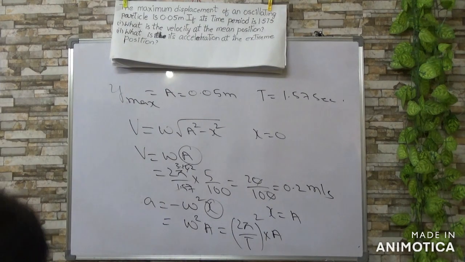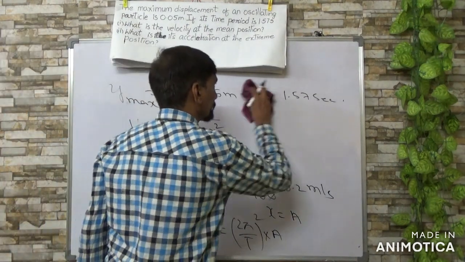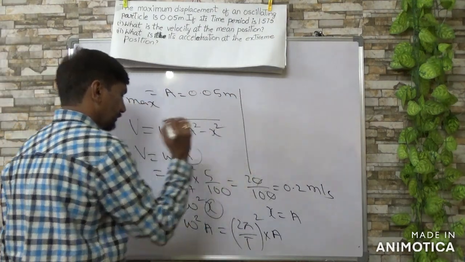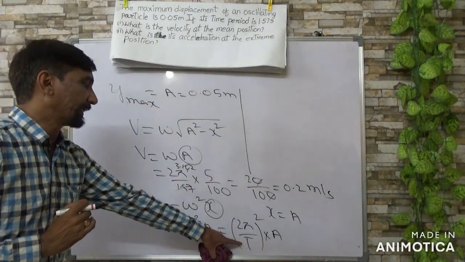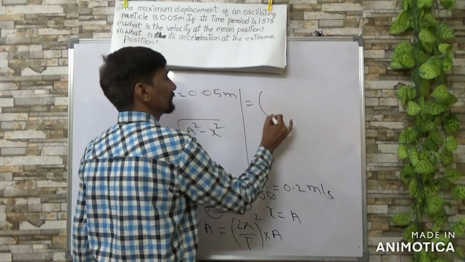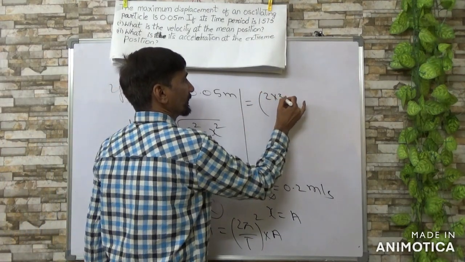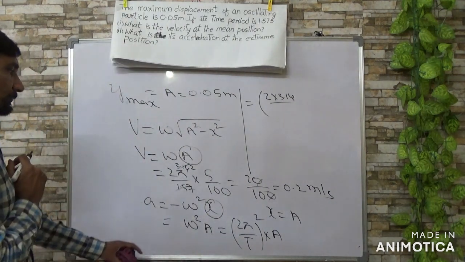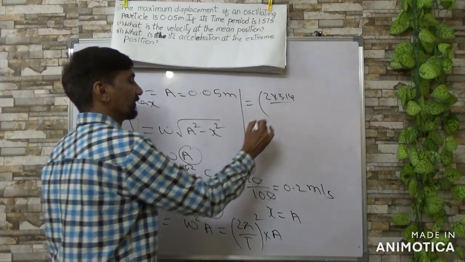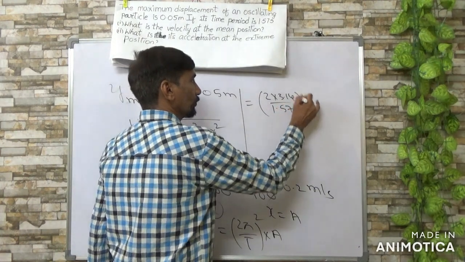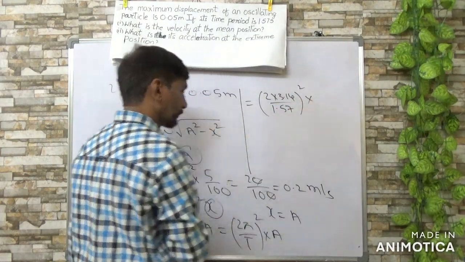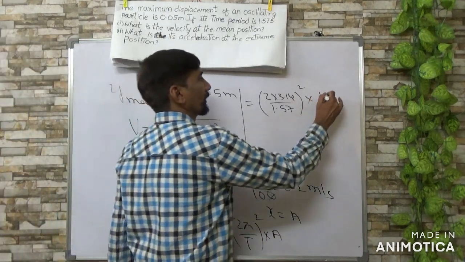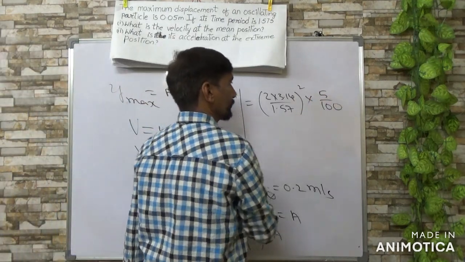Now, 2 pi by T, pi you can take as 3.14, time period 1.57, whole square into amplitude 0.05, or you can write 5 by 100 also, right?